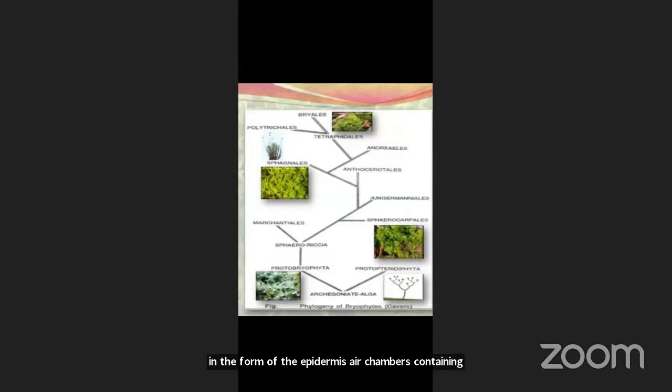Means the thallus or gametophyte is very simple, with epidermis structure which contains the chlorophyllous filaments also.